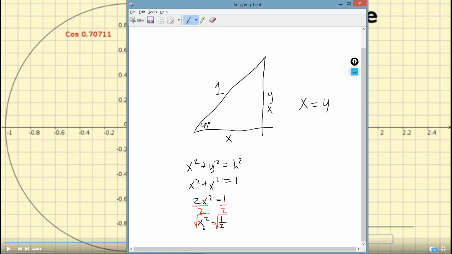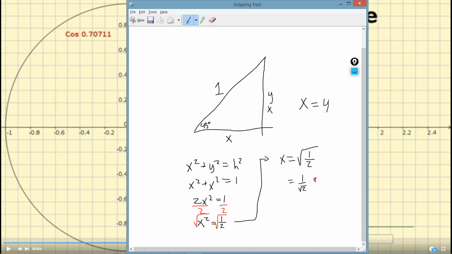Okay, so I take the square root of both sides. Let's move that up here. So that means x is equal to the square root of 1/2. What's that? Well, the square root of 1 is 1. So this is 1 over the square root of 2. Remember, we're not allowed to have the square root of 2 in the denominator, or any radicals in the denominator.